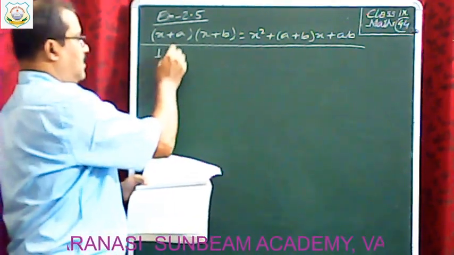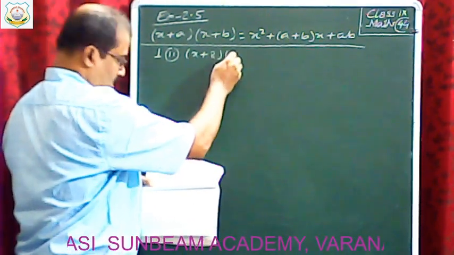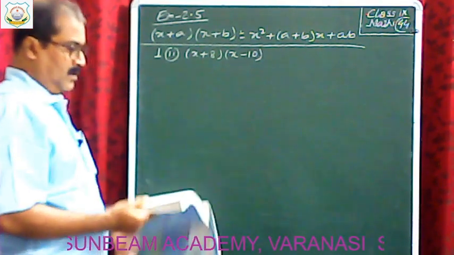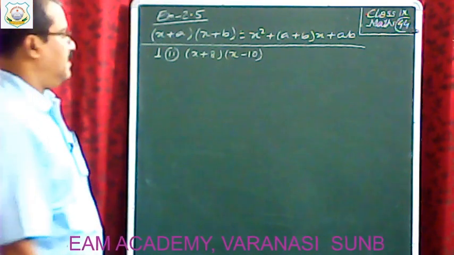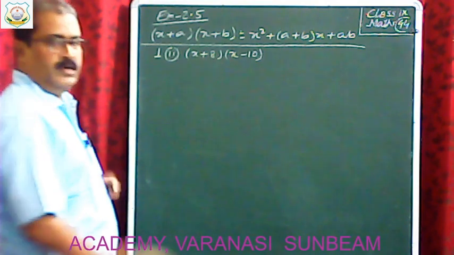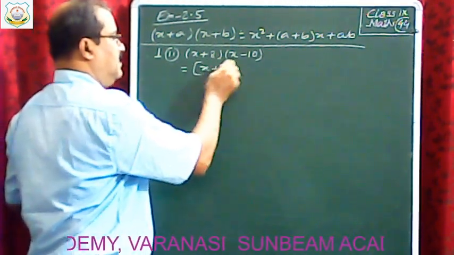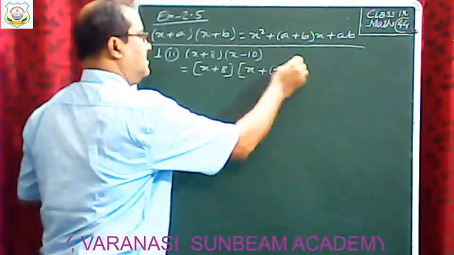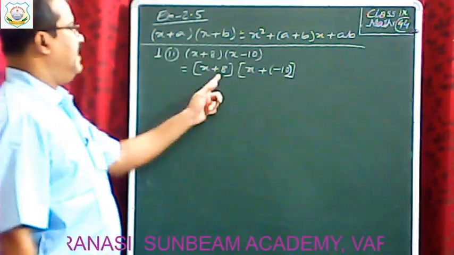Question number 1, second, x plus 8, x minus 10. Okay, x plus 8, x minus 10. Clear? To have x plus a, x plus b, you have to formulate according to identity. You have to write x plus 8 and x plus within bracket minus 10.